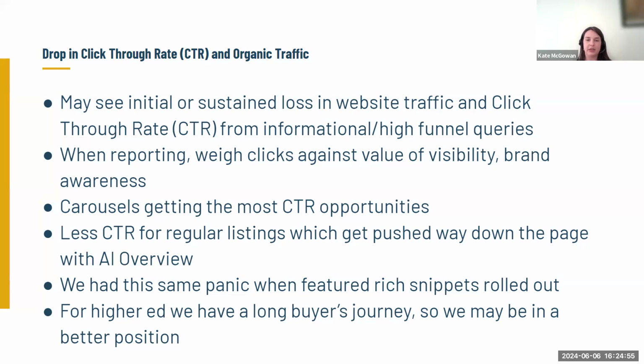But as I just mentioned, the buyer's journey for the higher education industry is fairly long. So compared to other websites and compared to other industries, we are possibly in a better position in the advent of AI-powered search because of the need for users to continue to dig deeper and know that your website is the most authoritative place to find answers about your degrees or your application process.